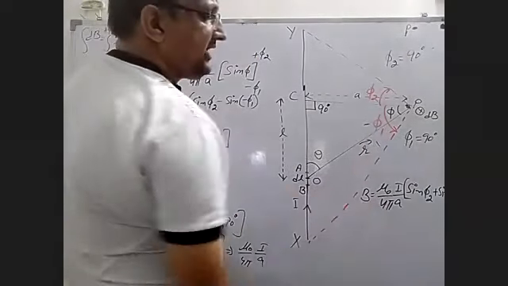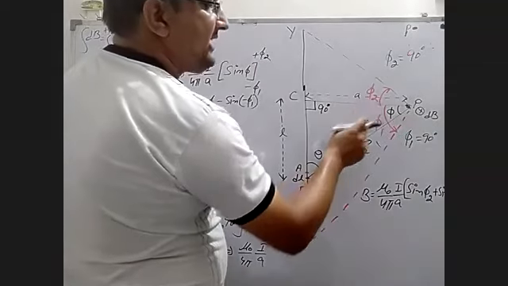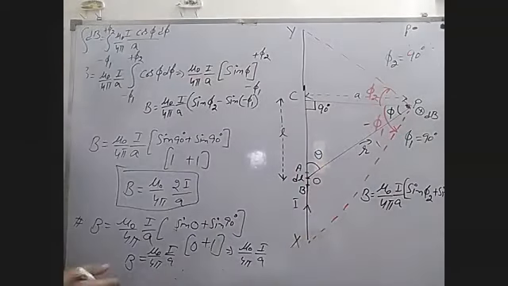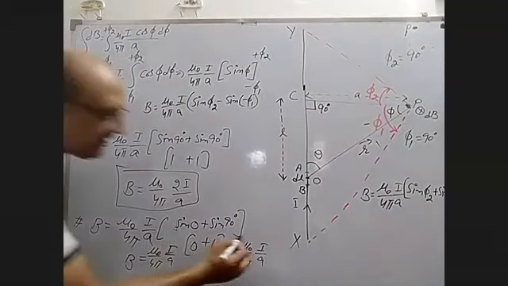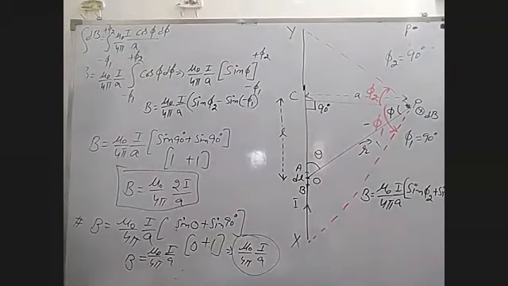If point P lies there, only one angle is 90 and the other angle will be 0 degrees, and you will get mu naught upon 4 pi I upon A relation only.